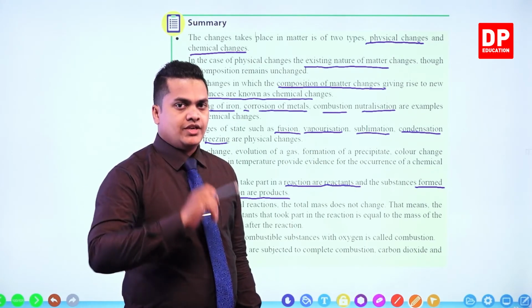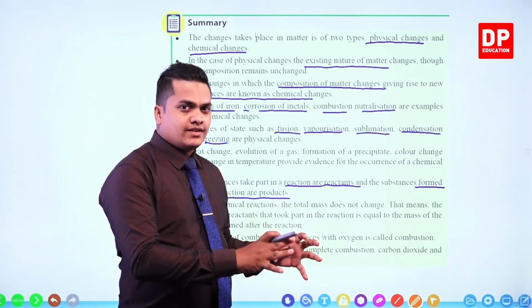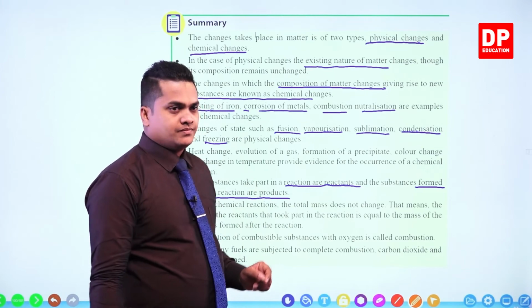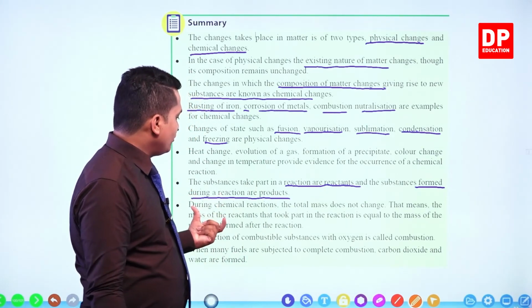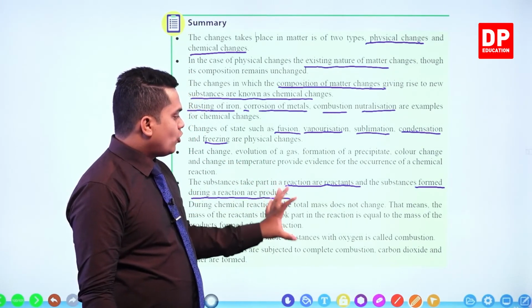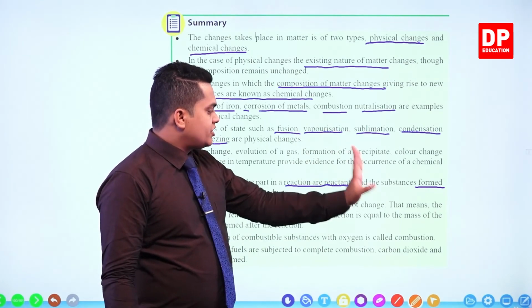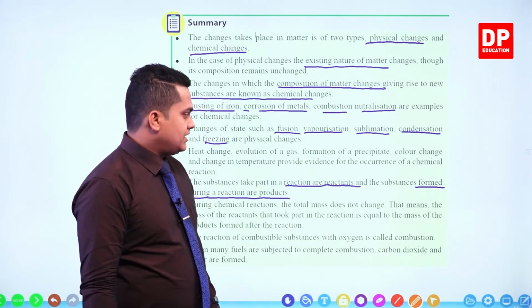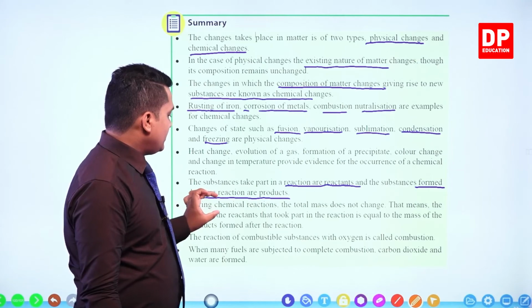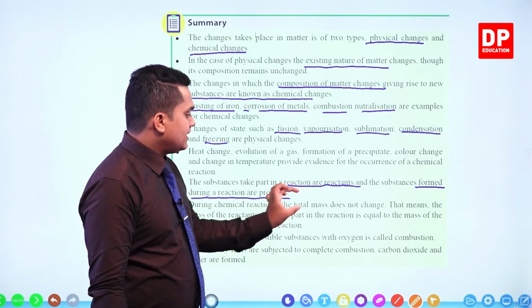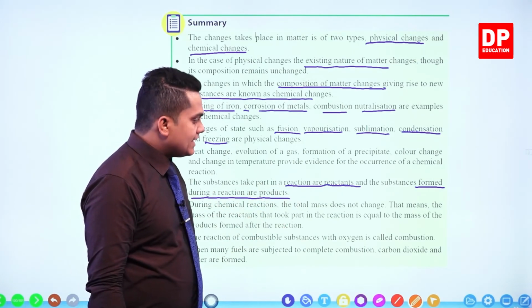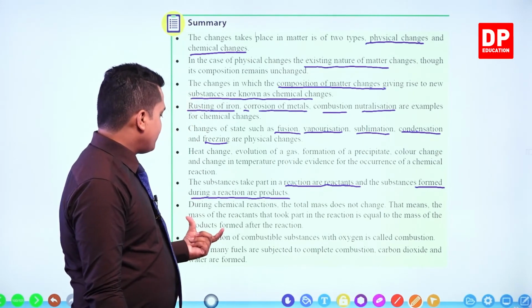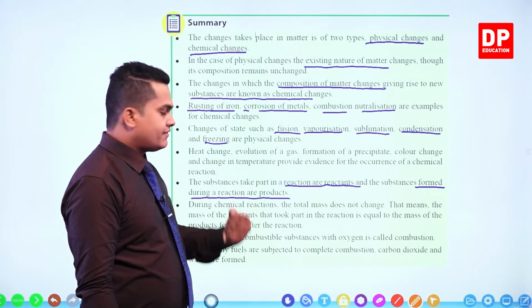So in a chemical change, we discussed that reactants are getting converted into products. During chemical reactions, total mass does not change. That means the mass of the reactants that took part in the reaction is equal to the mass of the products formed after the reaction.